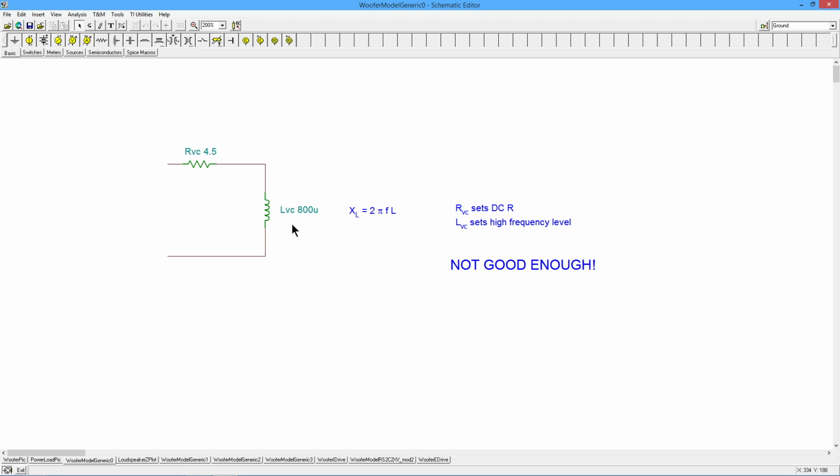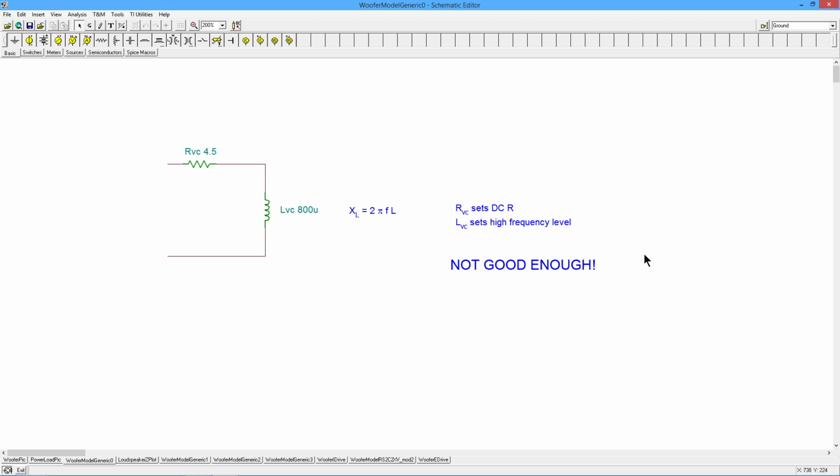All right, so what ends up happening here is at low frequencies, this sets the value, and as the frequency goes up, of course, X sub L goes up in accordance with our reactance equation, 2 pi FL. So as frequency goes up, the whole value goes up. So you have something that starts down here and then starts to increase as frequency increases.